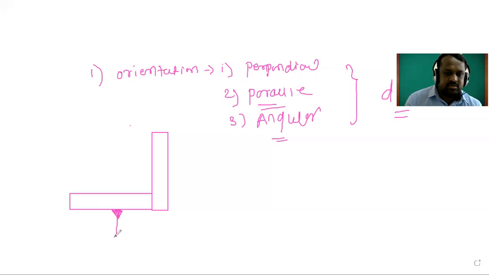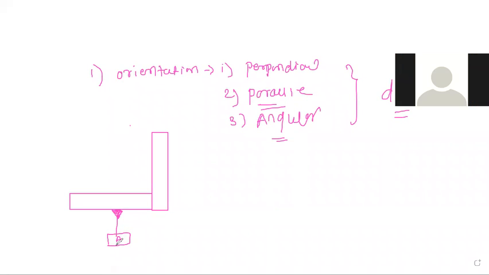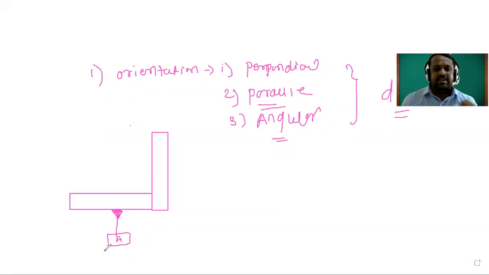What is this? A indicates the datum. Here you can write A, B, C, D, any letter. And you have to remember this is the symbol for the datum, a triangle, and that triangle should be filled.